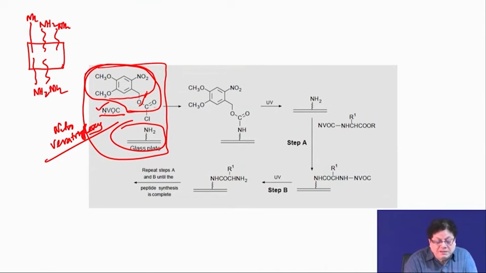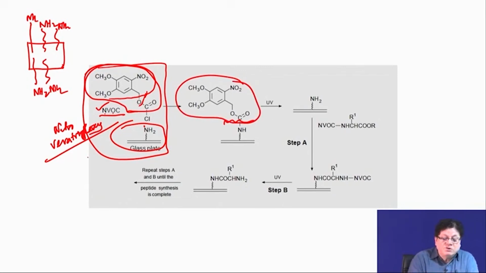The beauty of this, first of all, it is a chloroformate. So, this is going to react. So, you form what is called the urethane or the carbamate. Okay. And then as you shine UV, this is a protecting group which is labile under UV. So, it cleaves, and the NH2 is again liberated. So, this group is called nitroveratryloxycarbonyl.